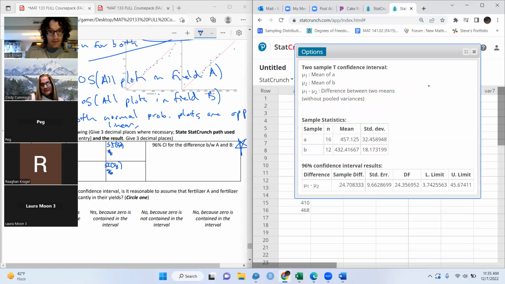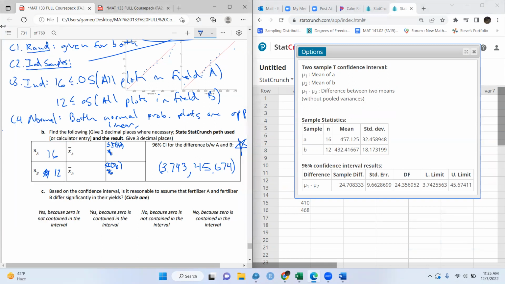I'm not going to bother to write the other stuff. You're all going to write that. I'm just going to write this down. Then we're going to answer that last question, or you're going to tell me the answer you circled. What would you all answer for C? Is there a difference between these fertilizers?